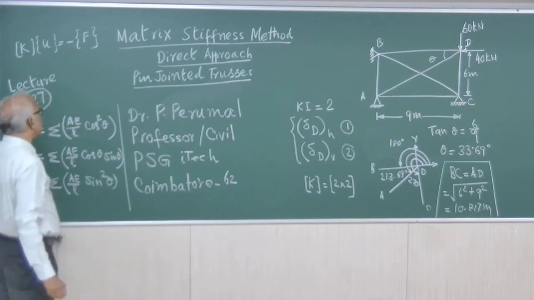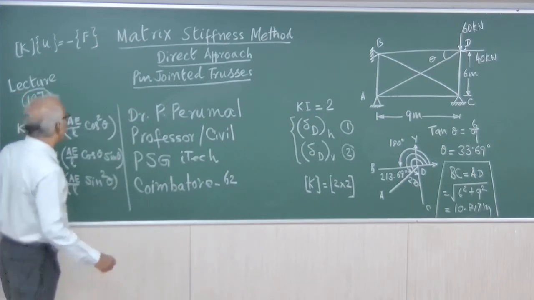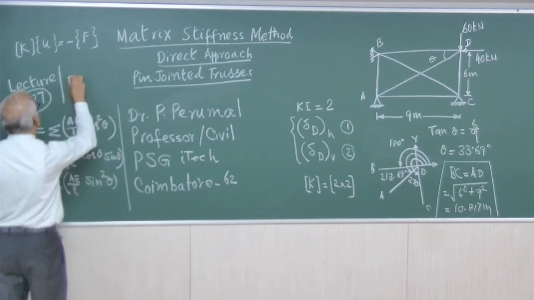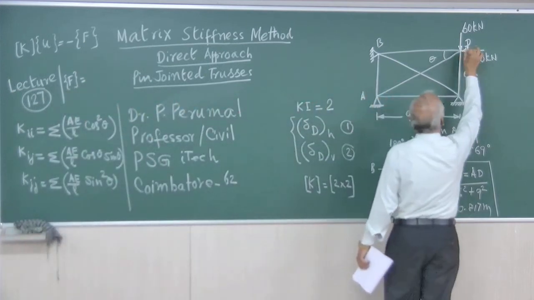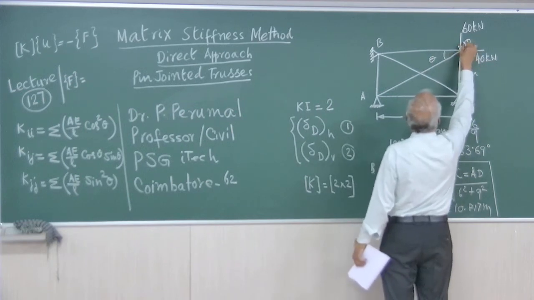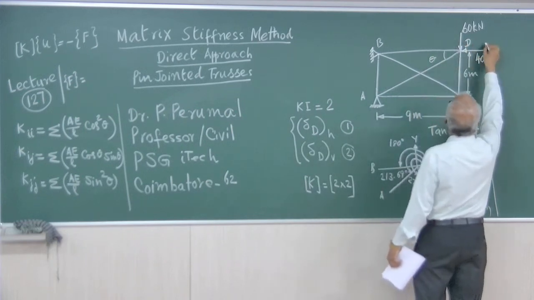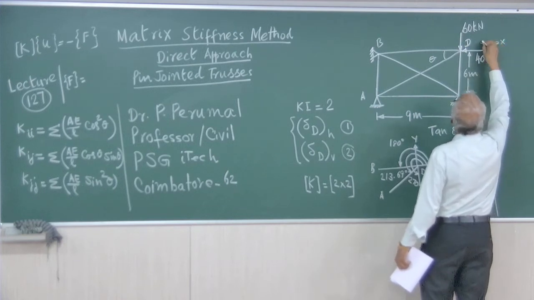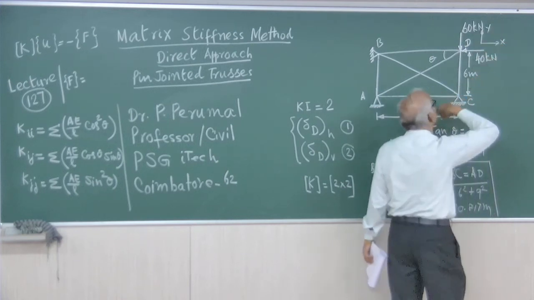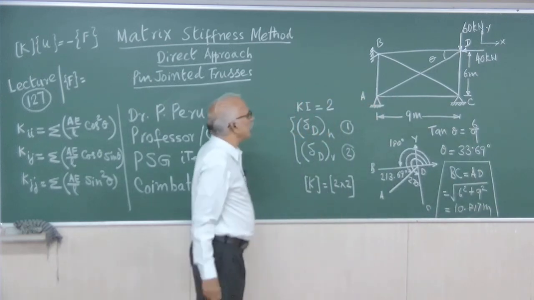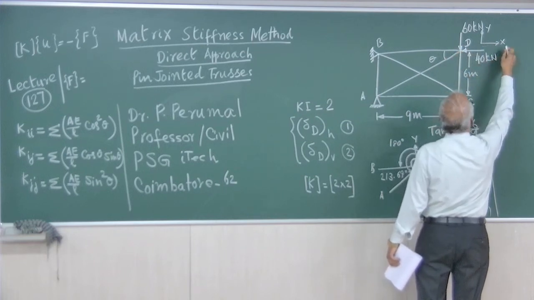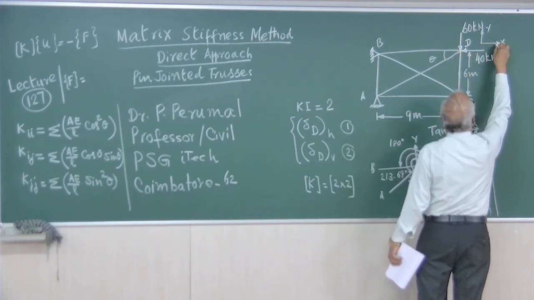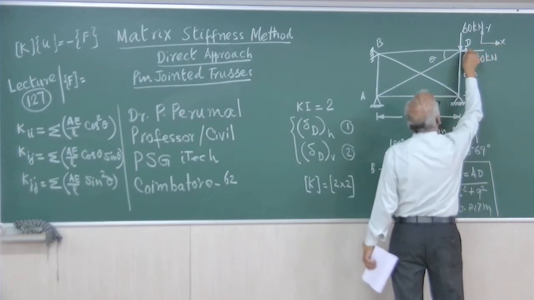Of course, in this problem, the right hand side is known. The right hand side is F. We have chosen the origin at the point D, with the x axis and the y axis at the point D. Along the x axis, there is a force in the opposite direction. X is positive towards the right, therefore the force is towards the left.